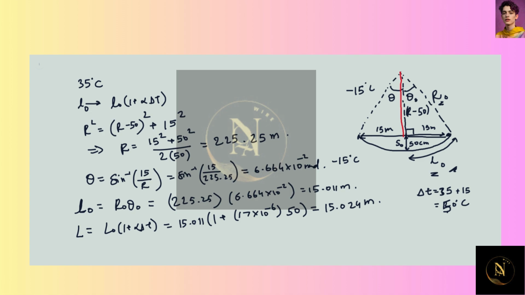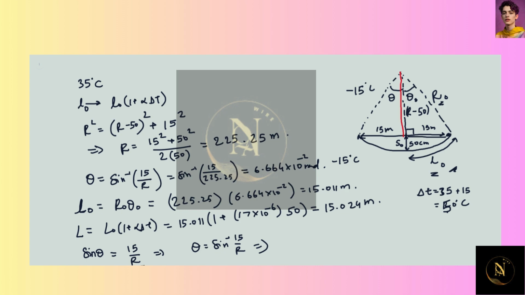So now we need to find the sag. For that, let's find sine theta. We know that sine theta is 15 by r, where r is the new radius, which means theta is equal to sine inverse of 15 by r, but let's leave it here.